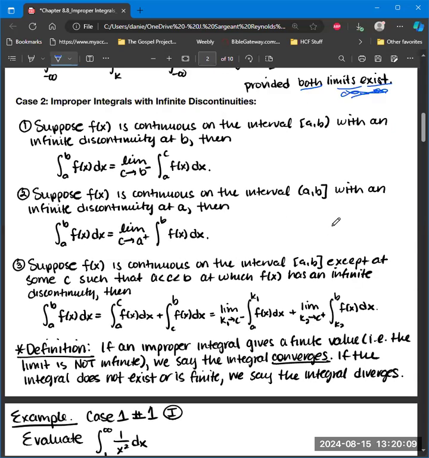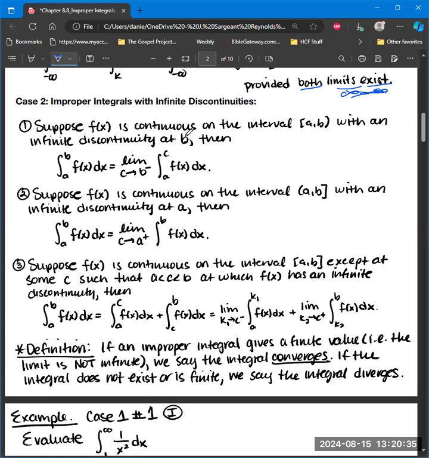So now in case 2, where we have a bad point, a bad number in between because we're going to a vertical asymptote, we're actually going to let one of the endpoints be the bad number to start off with.